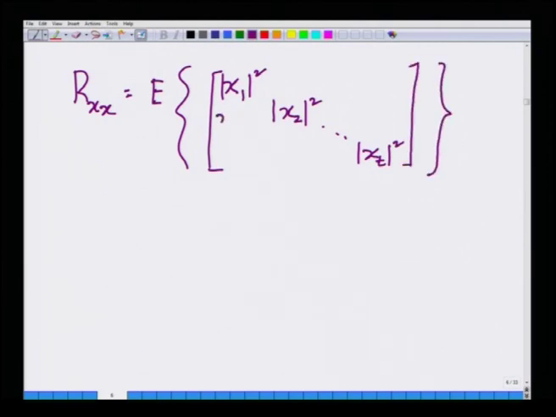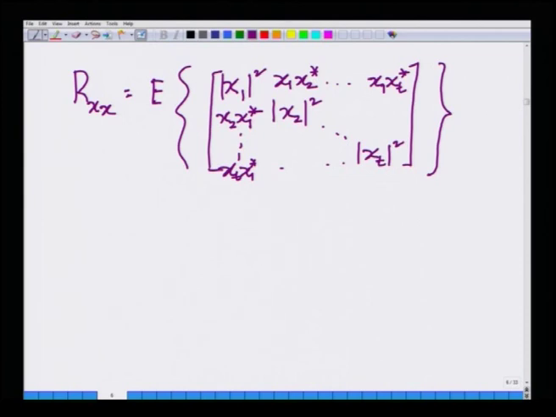Off diagonal we will have elements such as x2 x1 conjugate, x1 x2 conjugate, x1 xt conjugate, xt x1 conjugate, and so on. Now, if you see this expression, the diagonal terms are nothing but expected |x1|^2, expected |x2|^2, expected |xt|^2.